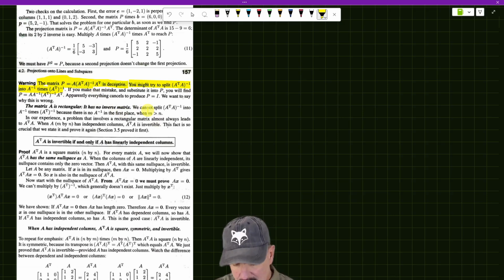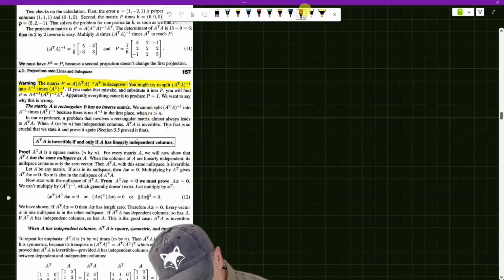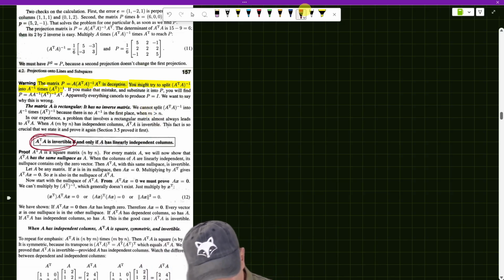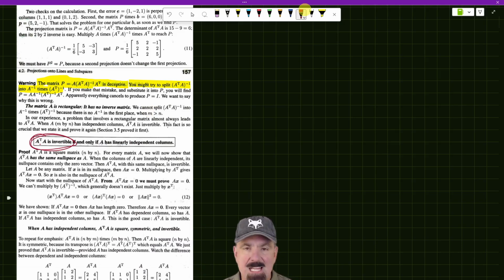Now, he makes this note here about A transpose A being invertible if and only if A has linearly independent columns. For the situation of least squares, which is where we're going to be using this next lesson, we're going to have linearly independent columns because we get to choose what the A matrix is actually going to be.